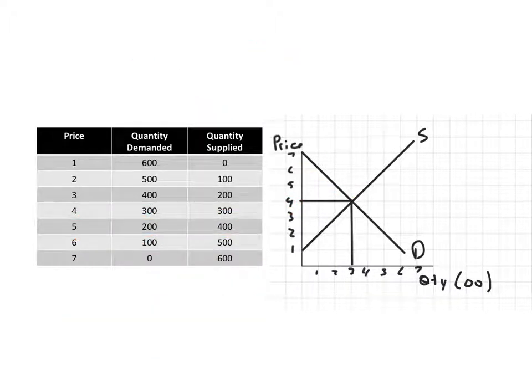Now let's look at a situation where firms set a price that's less than the equilibrium price, say a price of $2. We can see this both in our schedule and on our graph. In fact, let's use the graph in this case.